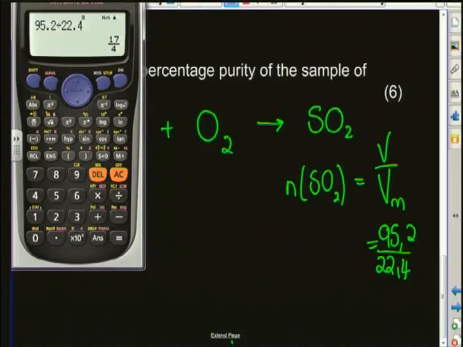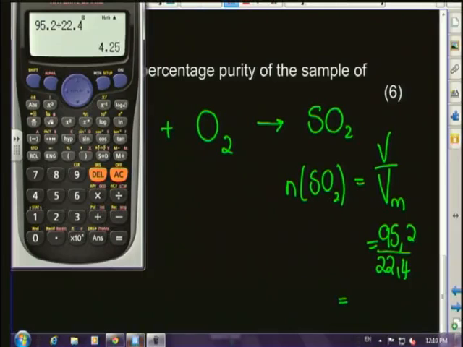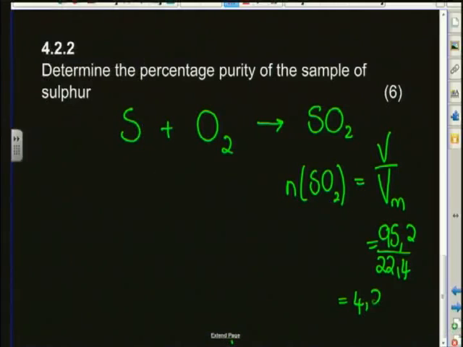Remember, no fractions. We get 4,25. Write it as 4,25, please. Don't do all sorts of weird and wonderful things. Okay, 4,25 moles.